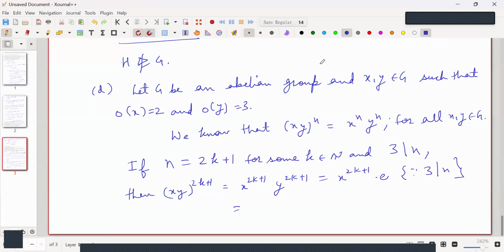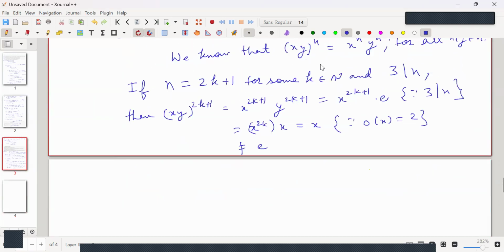And X has order 2, so you can write X^(2k) times X, which is X, because the order of X is 2. So clearly this is not identity, right? So the order cannot be odd, right?